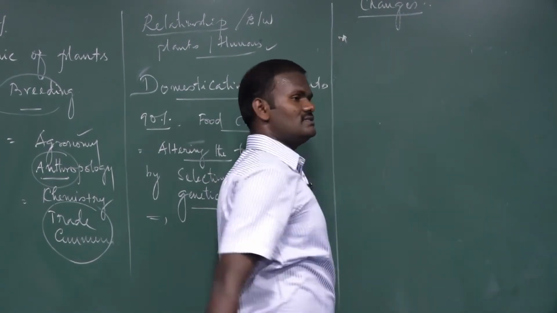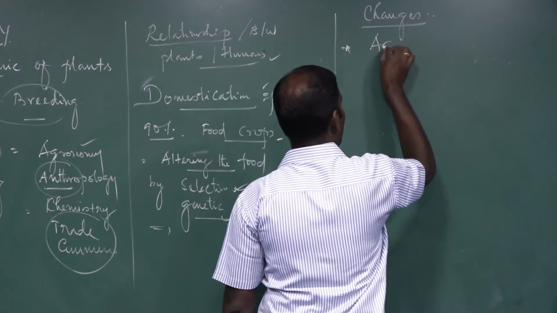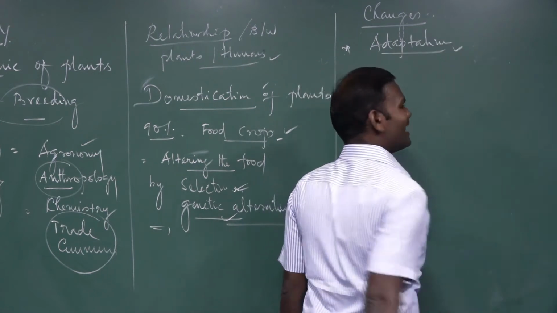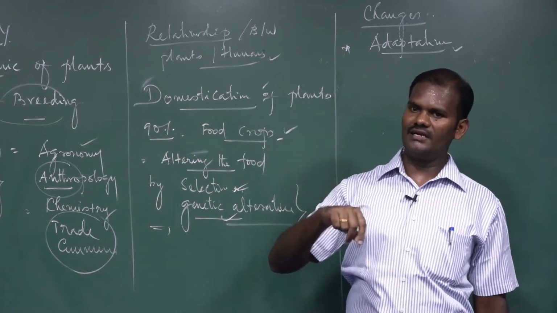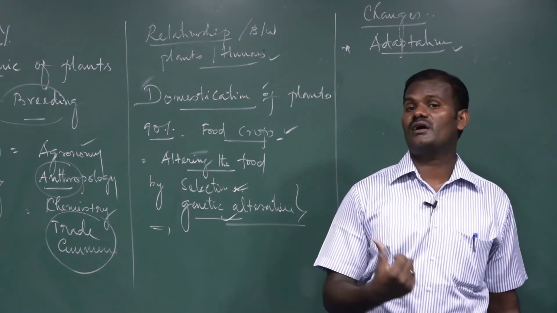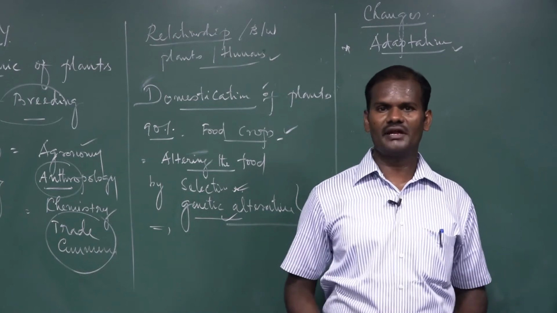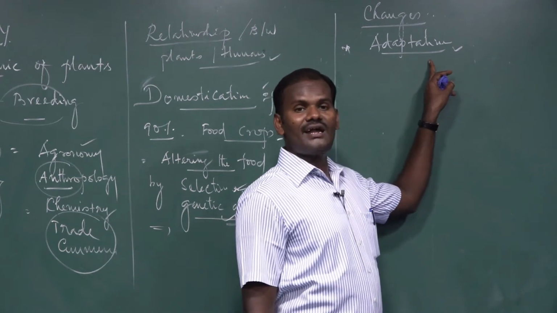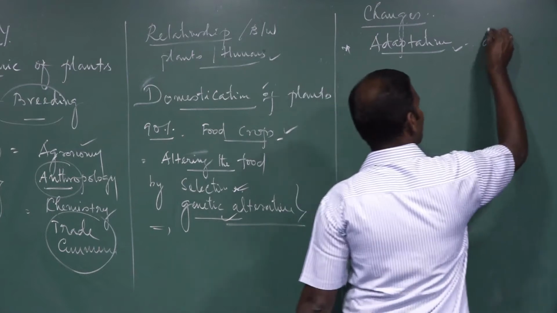The first change is adaptation. If plant species are introduced to our country from various parts of the world, they cannot get adjusted to our local environmental condition immediately. It will take some time to get settled. So if the species gets domesticated, they should be adapted to our diverse environmental conditions.